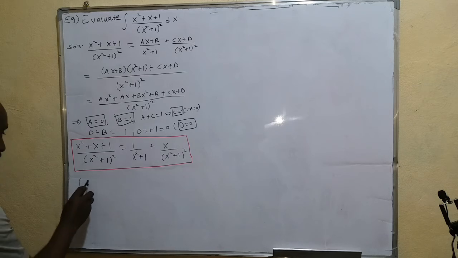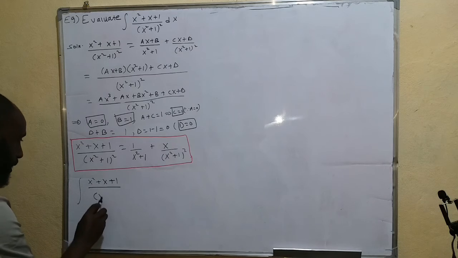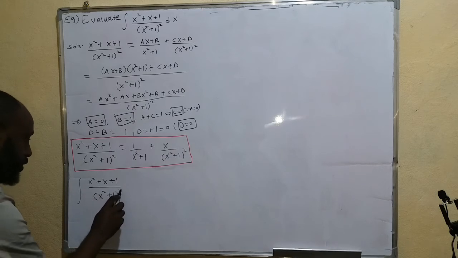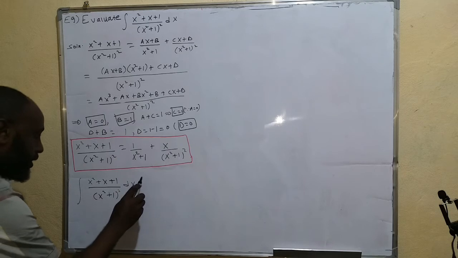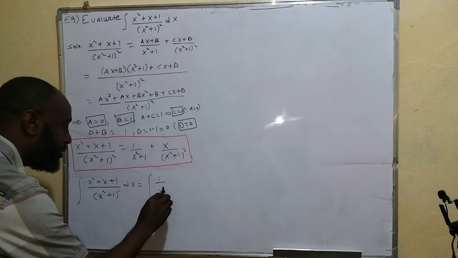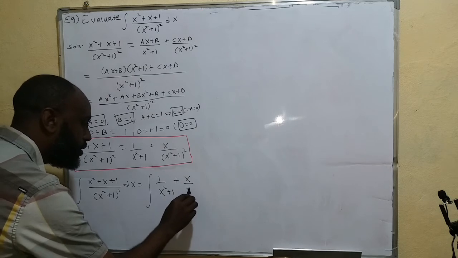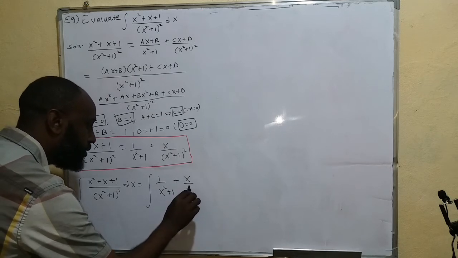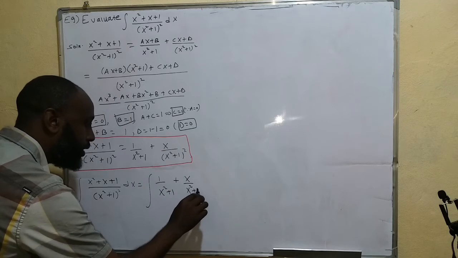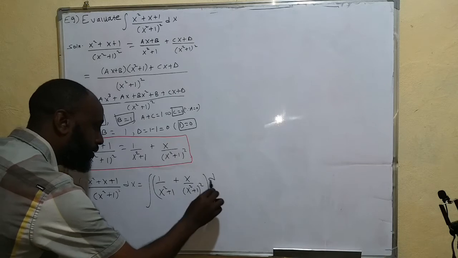So the integral of x squared plus x plus 1 over x squared plus 1 the whole square dx is equal to the integral of 1 over x squared plus 1 plus x over x squared plus 1 the whole square dx.